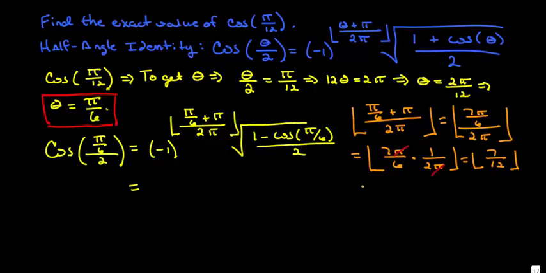This number is definitely less than 1, so its floor is going to be 0. We round down. If you think about it on a number line, 7 twelfths falls between 0 and 1, and so it goes back to the next nearest integer, which is 0. So this ugly exponent is just 0.